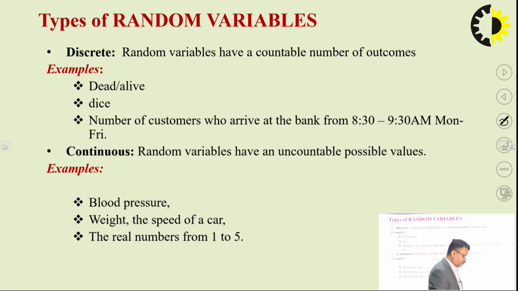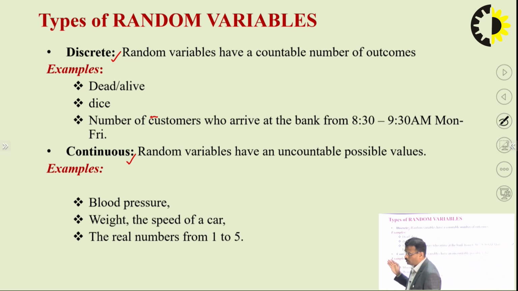Now, types of random variable. How many types of random variables are there? So, there are 2 types of random variable. First is discrete, second is what? Continuous. So, discrete random variable means what? Random variables that have a countable number of outcomes. If you have outcomes that are countable, it will be discrete, like dead, alive, on, off, dice, number of customers who arrive at the bank in any particular time, and so on.